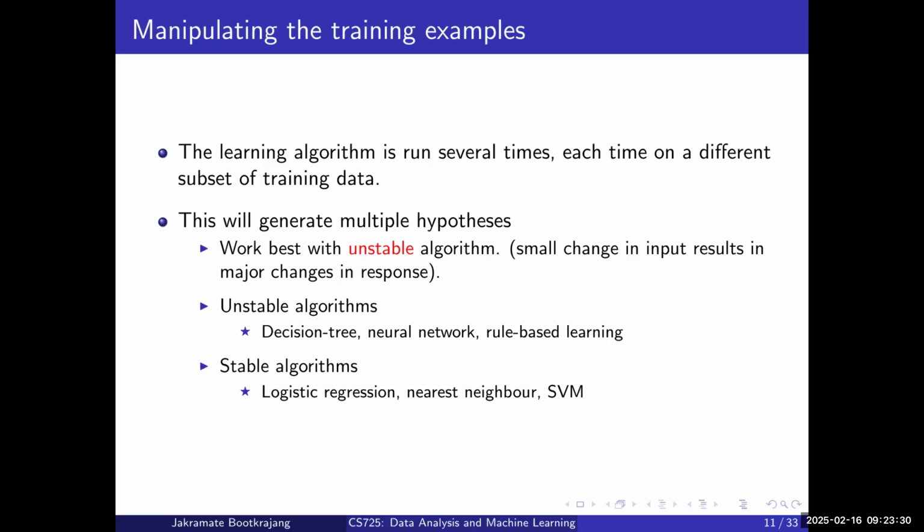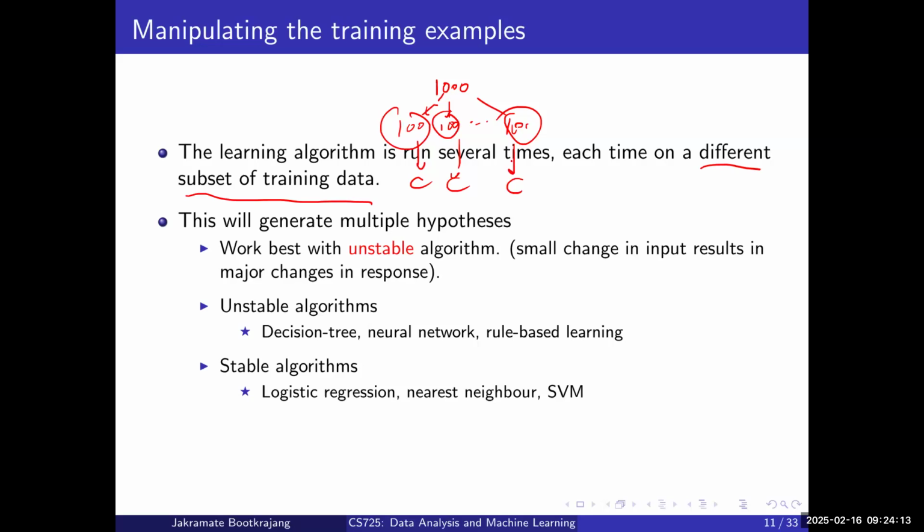When you're manipulating the training examples, you run the learning algorithm multiple times, and each time it will be on a different subset of training examples. So perhaps you have 1,000 examples. You break them into sets of 100, and then you use each set of 100 to train each classifier.